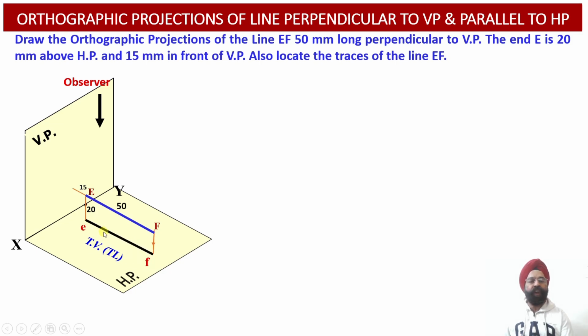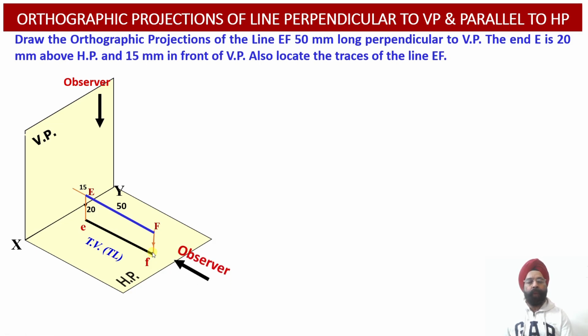We will observe that the length of this projection EF in the top view will be 50 millimeter. That is, it will represent the true length of the line in the top view projection.